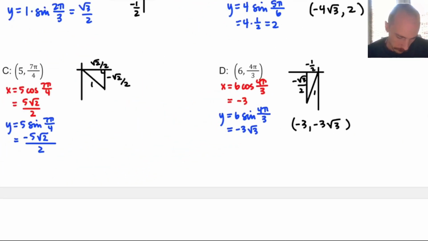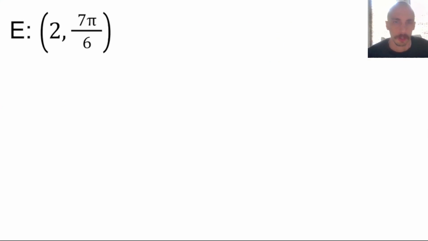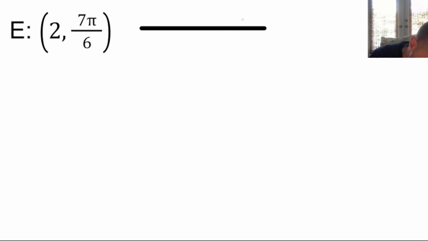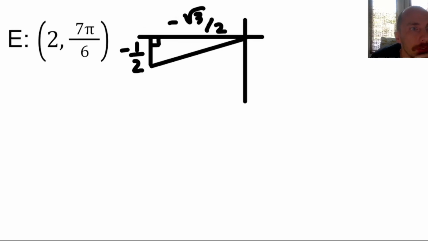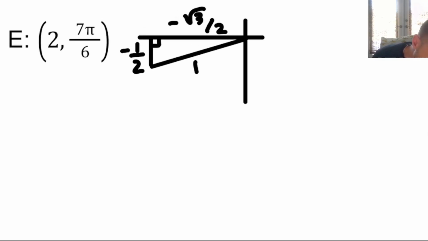Let's see, all right. 2 and 7 pi over 6. I'm just going to keep doing the same old thing. Drawing my trig diagrams, using my formulas, obtaining answers. So 30, 60, 90, that's going to be the half. This will be the root 3 over 2. That's probably out of your field of view. And then this will be 1.